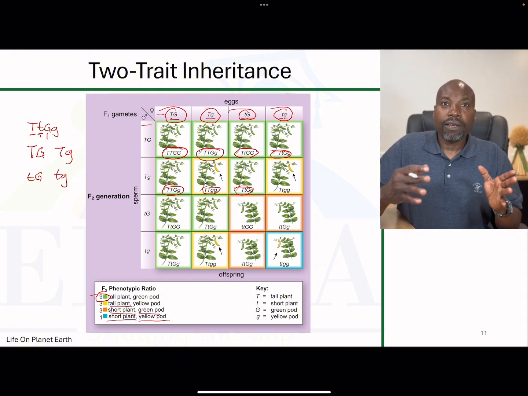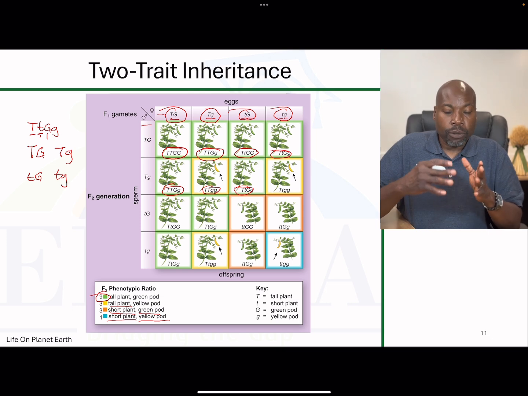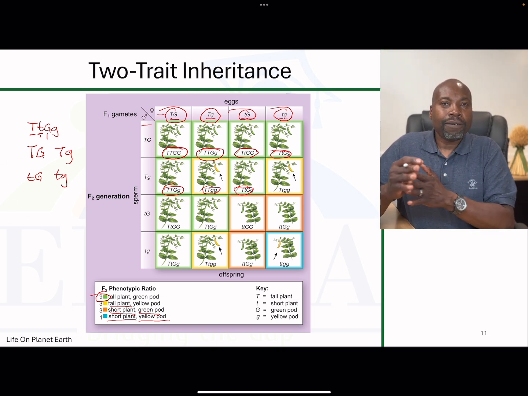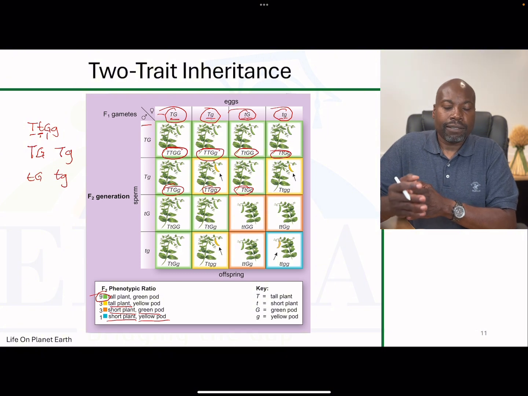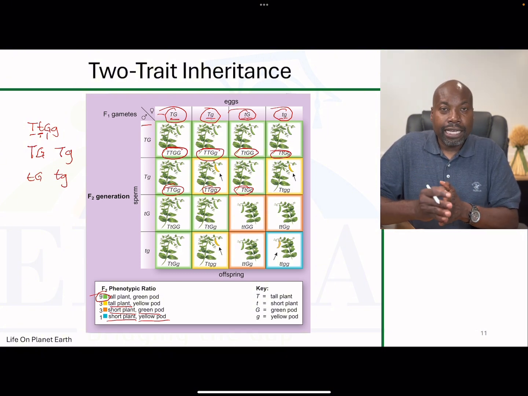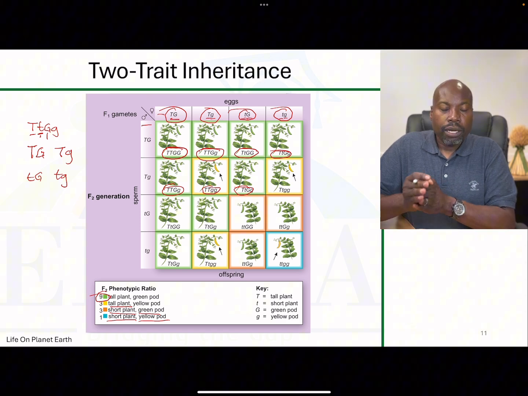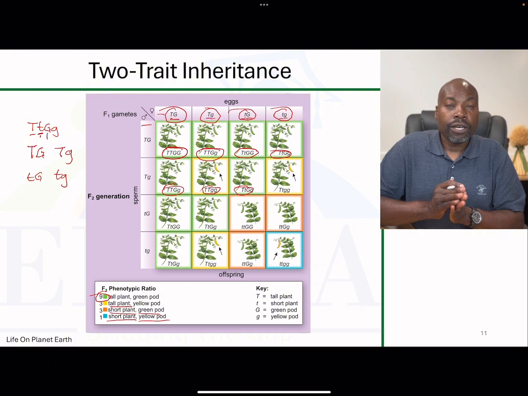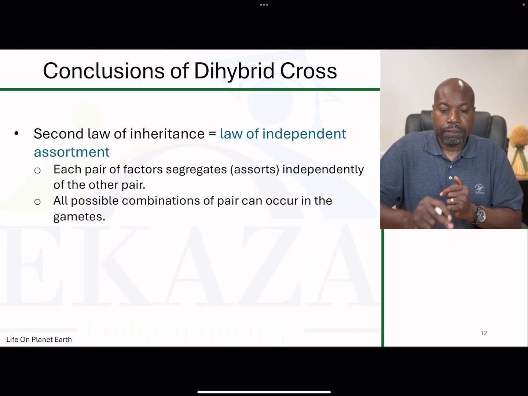Now, altogether, you had the possibility of 16 different types of plants, right? Out of the 16, you have the distribution 9, 3, 3, 1. Okay, that's the case of the double hybrid.